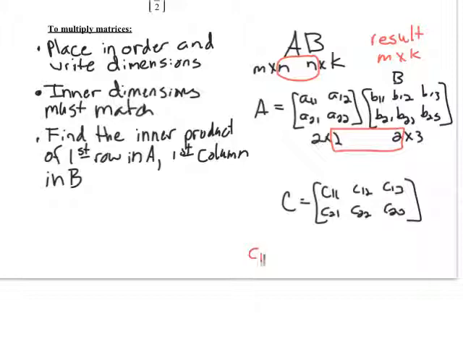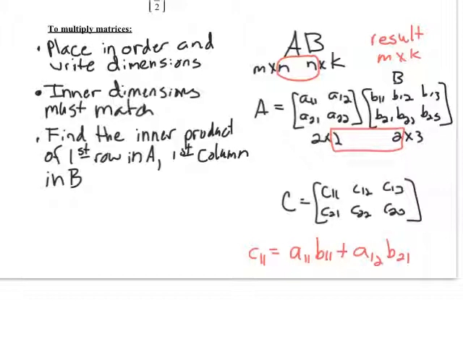So C11 is A11 times B11 plus A12 times B21. So C11 is A11 B11 plus A12 B21. So you're always going across in the first one and down in the second one.